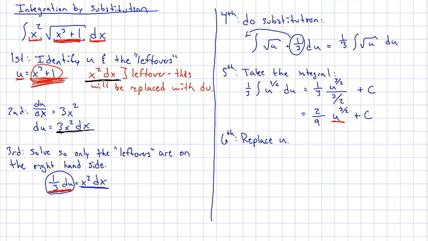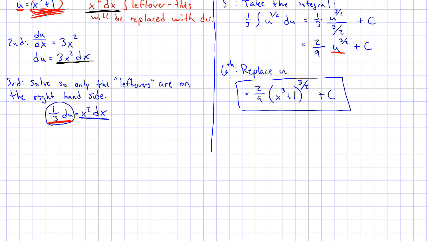So I end up with 2/9 times (x cubed plus 1) raised to the 3/2 plus c as my final answer. Now, that is technically the end of solving this problem, but you should always check your work.